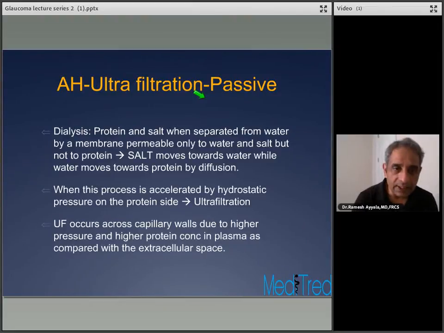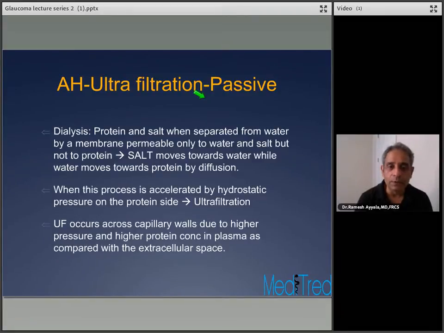Ultrafiltration is a passive technique. Ultrafiltration is slightly different from dialysis. Most of you are familiar with the concept of dialysis, right? What is it? If you have a membrane that separates out on one side protein and salt from water, and the membrane is permeable only to salt and water, but not to protein, what will happen is that the salt moves towards water while water moves towards protein by diffusion.